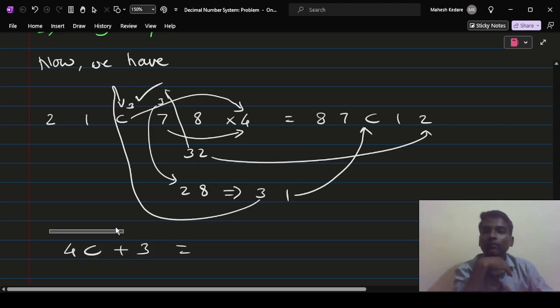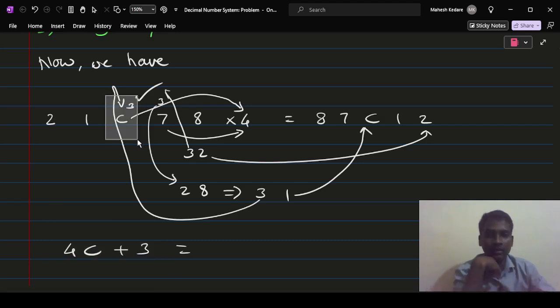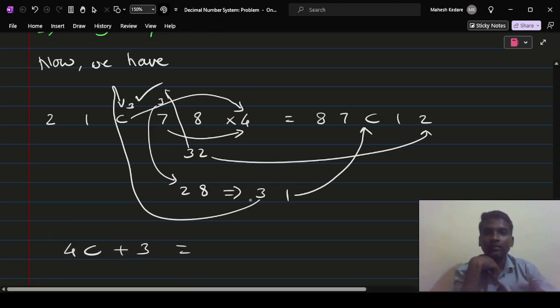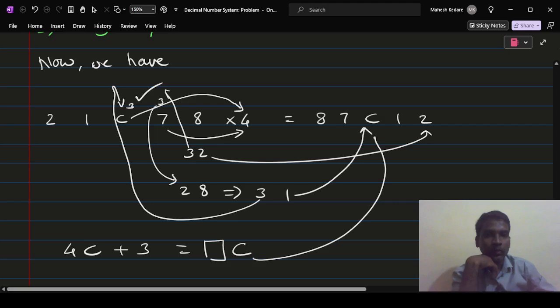This operation 4C plus 3 is made in the third position from right, that is the 100 place, and this operation is supposed to leave a digit C in the same place of the resulting number. So 4C plus 3 is expected to produce a number which has C in the unit place, which will occupy the position of 100 place in the resulting number.